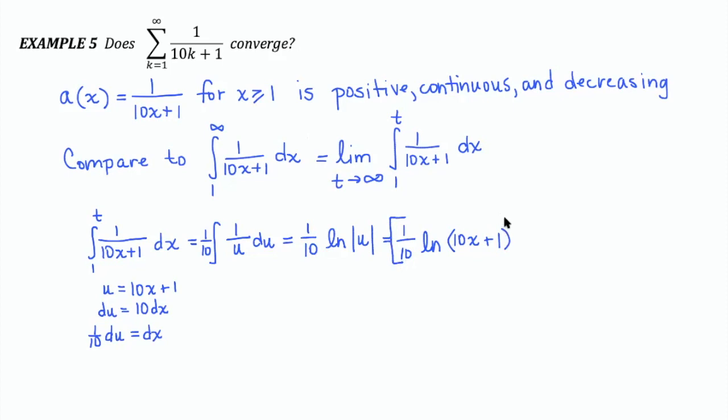Now I can bring back my limits of integration because my antiderivative is in terms of x. So I just need to evaluate from 1 to t using the fundamental theorem of calculus. That says I'm going to substitute t for x first all the way through, minus, and substitute 1 for x.